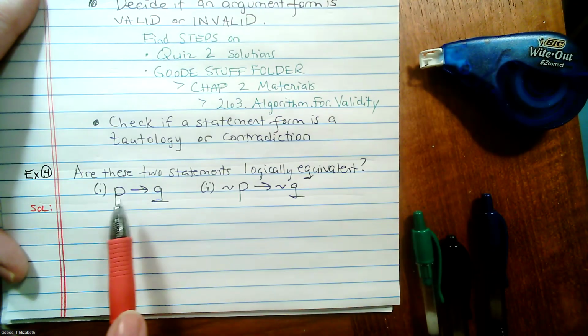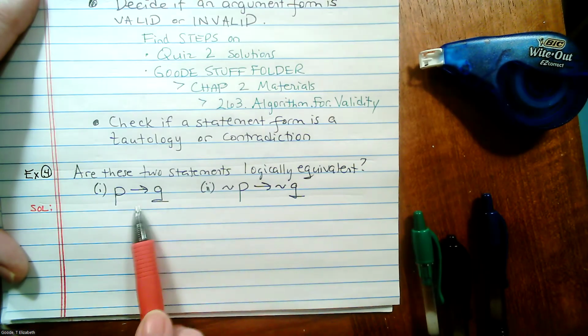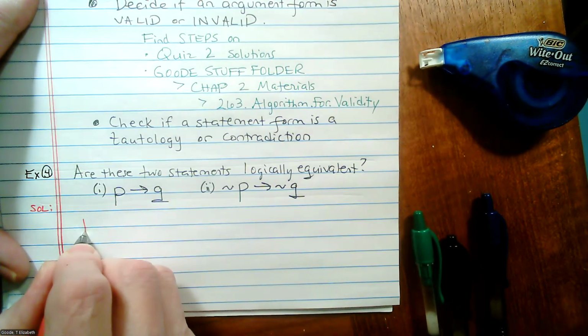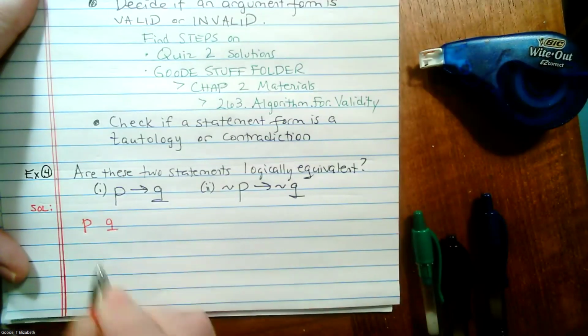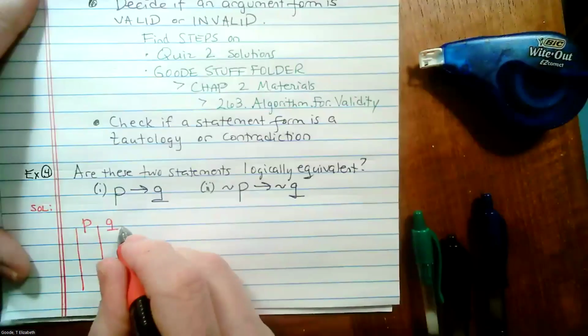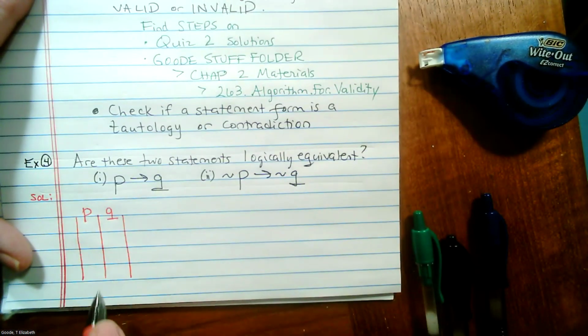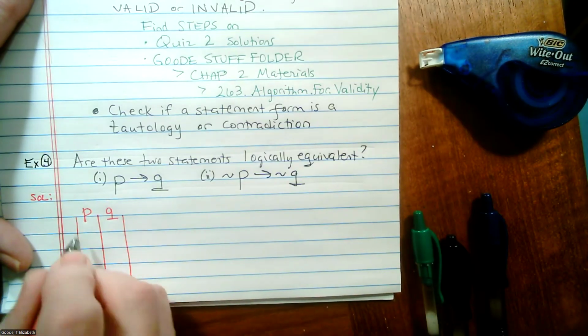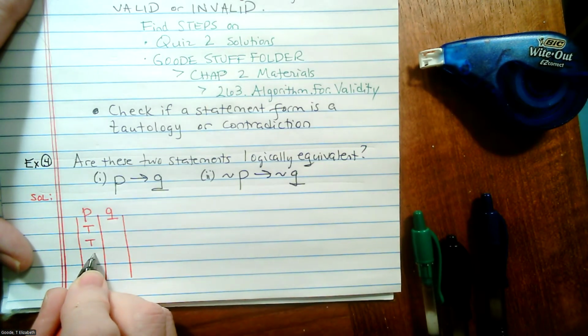How many rows are we going to need in our truth table? 4. Yeah, because we have just P's and Q's. So we're going to make a column for P first and a column for Q. We're going to need 4 rows. What do we put under P? We put these in alphabetical order. So true, true, false, false.